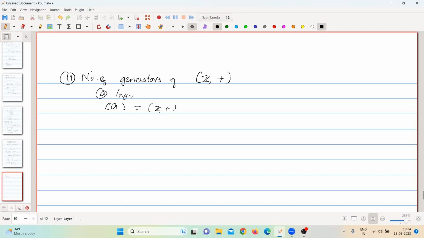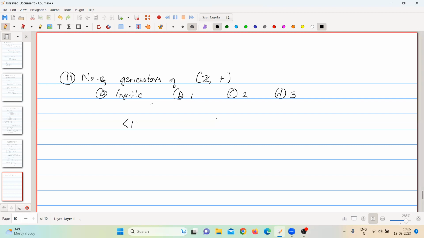The options are: infinite, 1, 2, 3. So we need to find how many generators there are for Z plus. Can anyone say any generator of Z under addition? Yes, 1 is a generator.